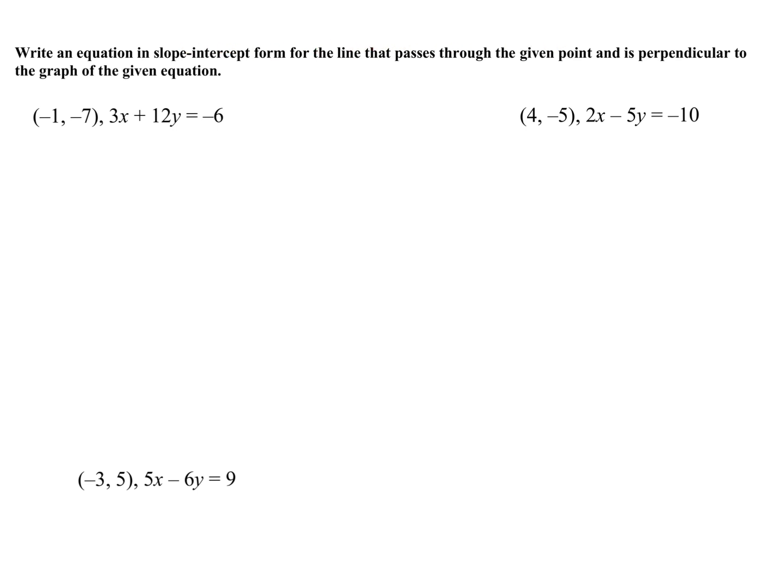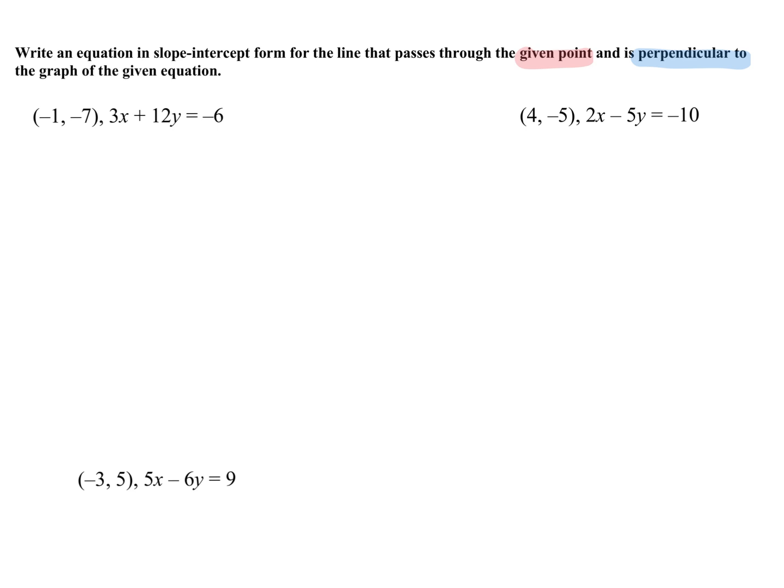Same deal, they give you a point, but it's not parallel anymore, it's perpendicular. Now, what is perpendicular? It's an opposite reciprocal slope. That means that whatever slope that given equation has, you're going to change the sign and flip the fraction to acquire your slope, okay?